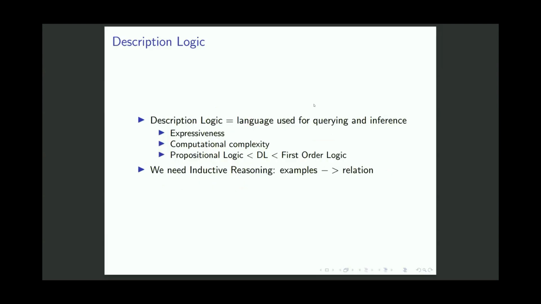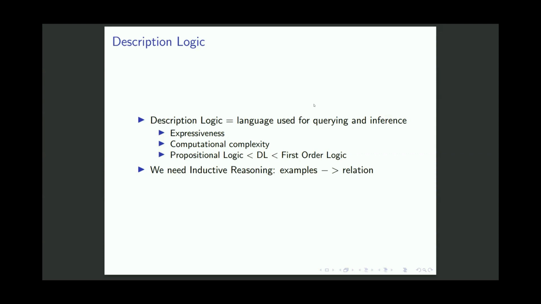Description logic is what is actually used for querying and inference on ontologies. Why was this specific logic chosen and not others? Because there is a trade-off in logic between expressiveness and computational complexity. Propositional logic is very easy to actually compute.